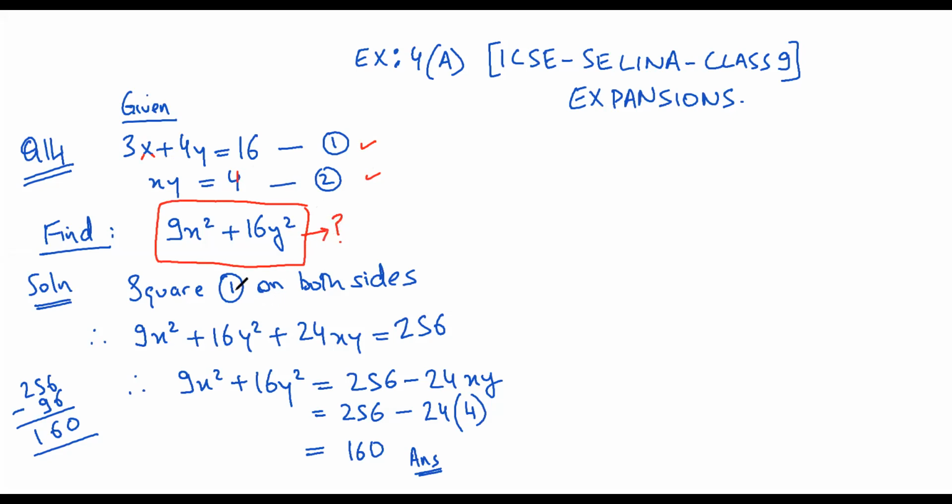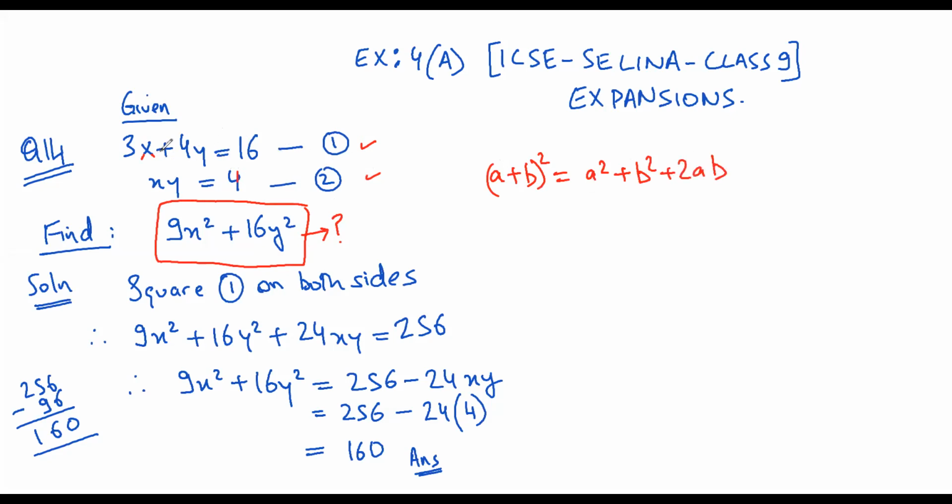So the first step that I do is I square both sides of equation 1. When I square both sides, I'm using the expansion (a plus b) whole square is equal to a square plus b square plus 2ab.